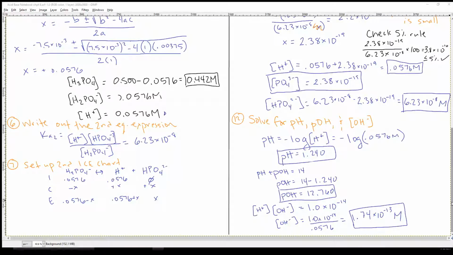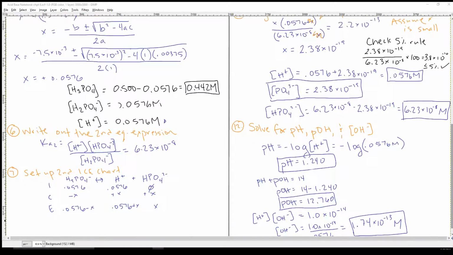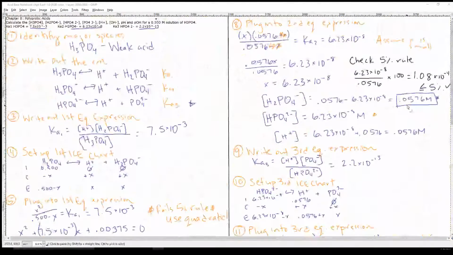All right, so this is a polyprotic acid. I'm sure you're really excited to do a problem like this on a test. So just to go over what happened. We saw that H3PO4 has more than one hydrogen. We wrote an equation that shows it losing one hydrogen. Then we took that new product and showed it losing another hydrogen. Then we took that new product and showed it releasing another hydrogen. We wrote an equilibrium expression for each step of the reaction.